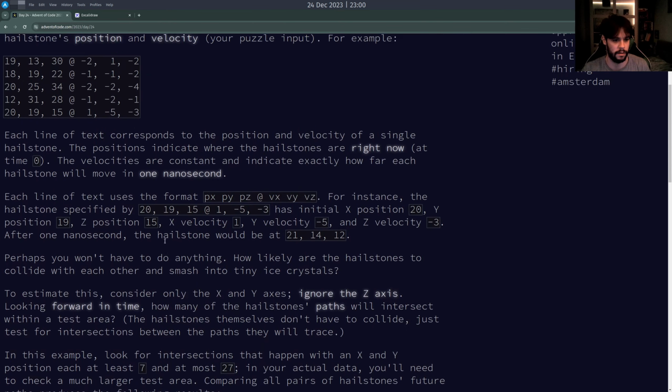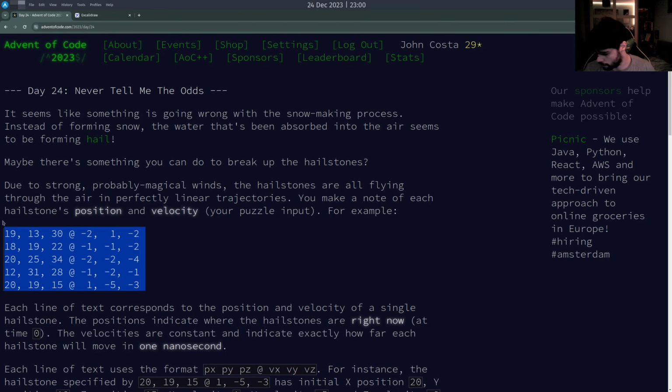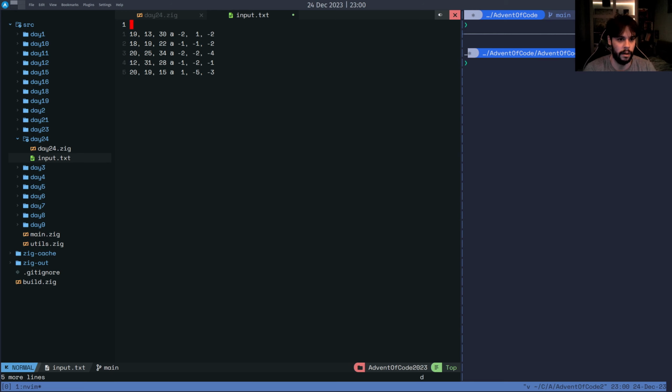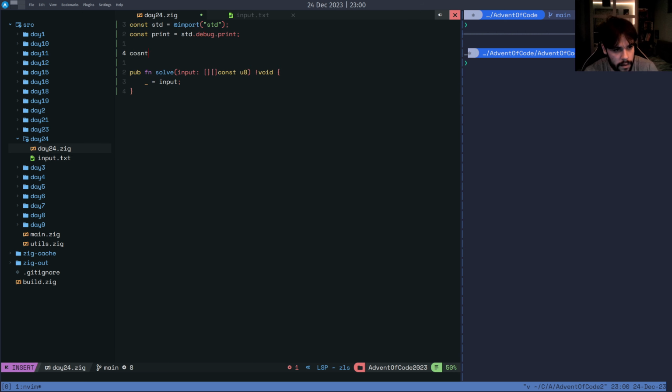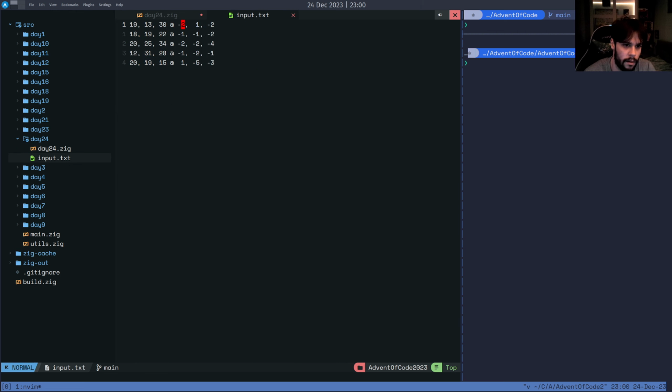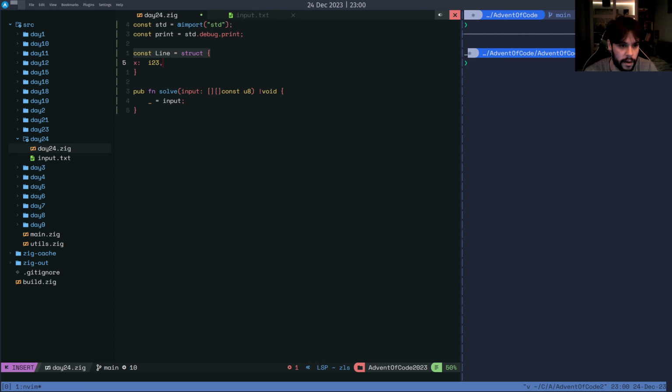So anyway, let's take the example input. I'm going to put my drawing tablet away for a sec. Might need it in just a little bit. First of all, let's start with parsing, and we're going to have systems of equations: x, y, z, const Line equals struct x. These probably can be negative, so let's go i32. Oh god, can i32s represent such big numbers?